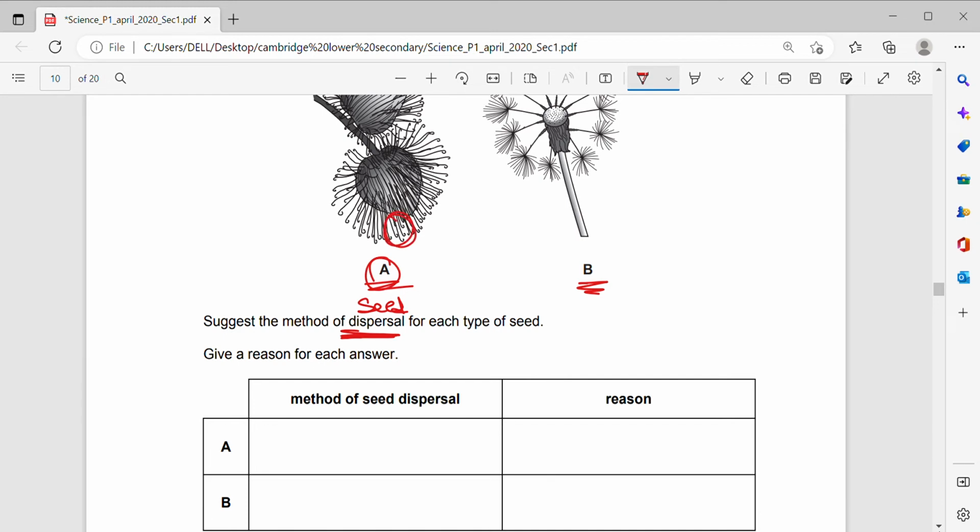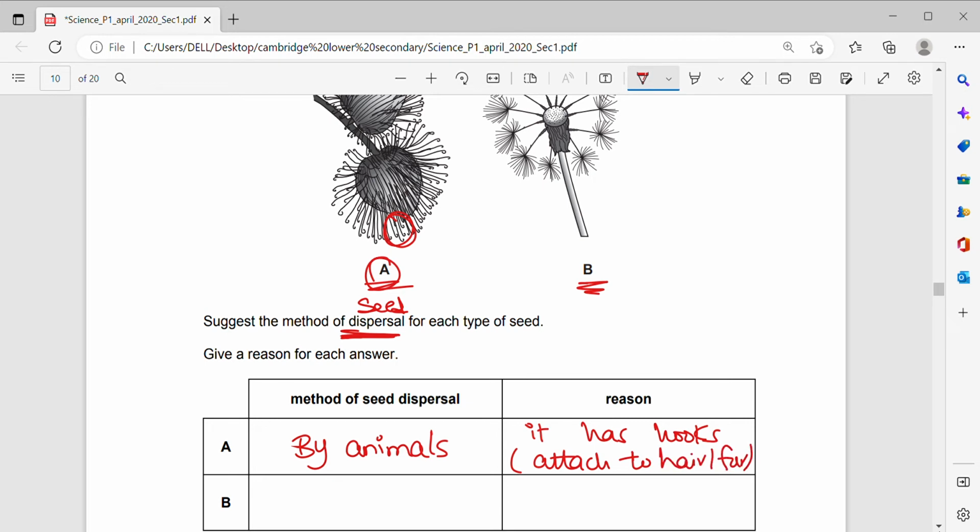If you have hooks, this means you can be attached to the hair or the fur. So the method of seed dispersal here is by animals. Why do we say by animals? Because it has hooks, so it attaches to the hair or the fur.